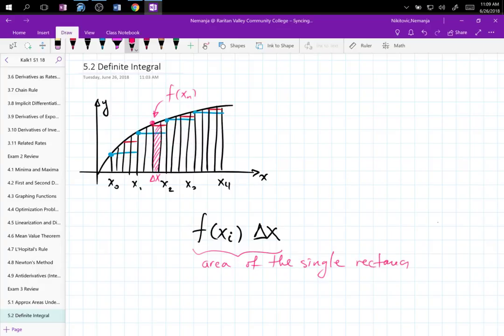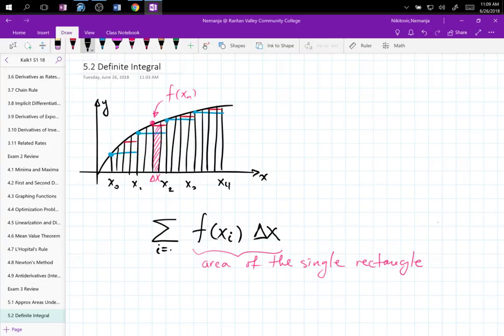So I am able to calculate the area of the single rectangle by the formula we had yesterday. I'm just using xi because that could be any rectangle. It could be x0, x1, x2, x3, x17, whatever it is. I'm just going to call it xi. And then what I'm going to do is add all other rectangles.